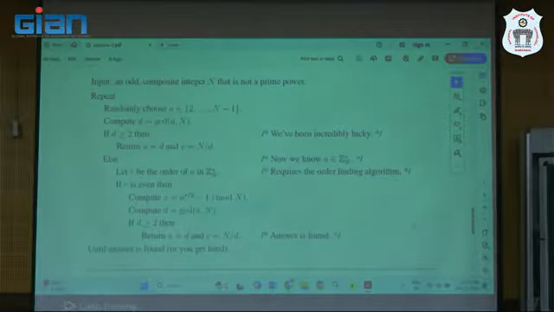Correct. But it's not a prime power, no? Oh, a single prime power. Okay. It is not a single prime to the something. Okay? Alright? Agreed?